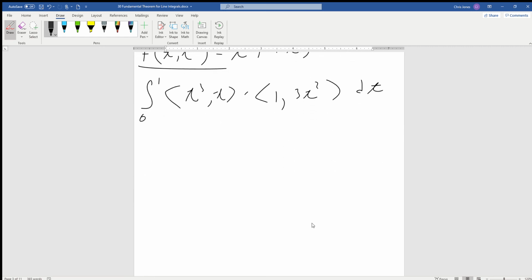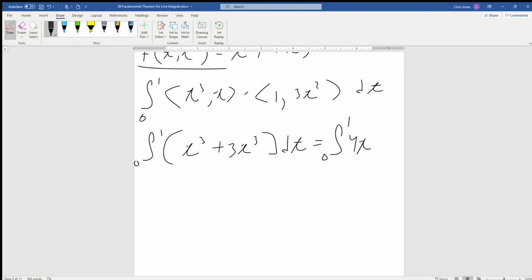When we evaluate, t cubed times 1, t cubed, t times 3t squared, 3t cubed, dt, and then we can see it's going to be 4t cubed. We integrate. By integration, that's t to the fourth from 0 to 1, which just turns into 1 again.